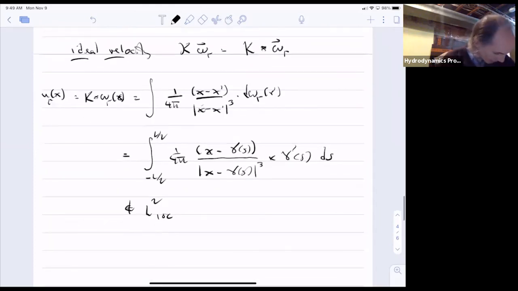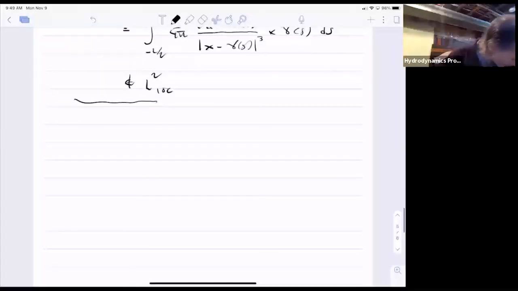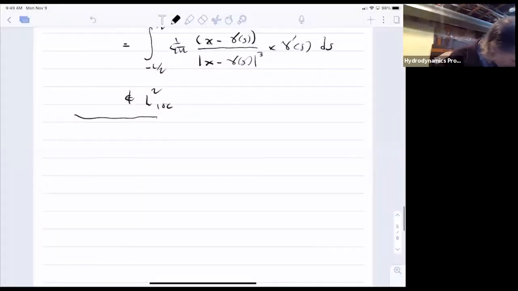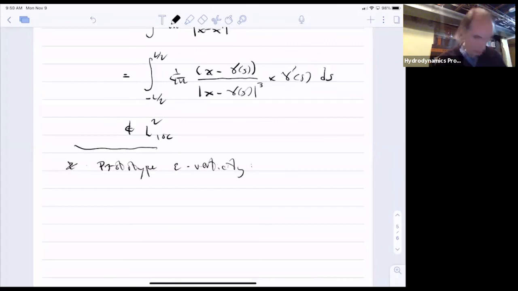And so the epsilon regularization, so let's say the prototype epsilon vorticity would be, well, I just take the earlier singular thing and regularize it by convolving with a mollifier.